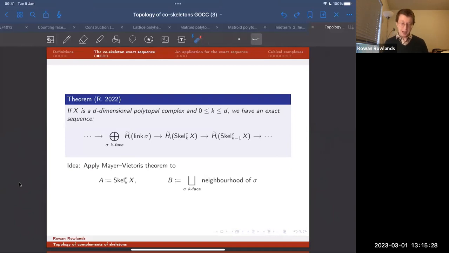The idea for proving this is that we're going to take the Mayer-Vietoris theorem and apply it. To do so, we need to pick these subspaces A and B. Specifically, A will be the kth co-skeleton of our polytopic complex, and B will be a disjoint union of open neighborhoods of the k-dimensional faces.